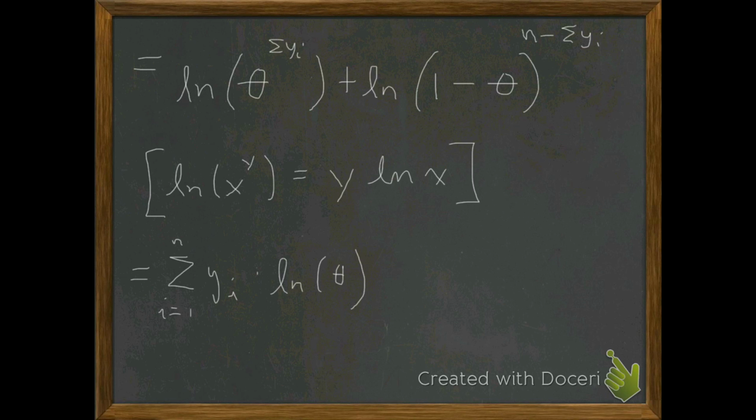And now we're going to have quantity n minus the sum from i equal 1 to n of y sub i's, times the natural log of 1 minus theta. Guys, believe it or not, we're making progress.